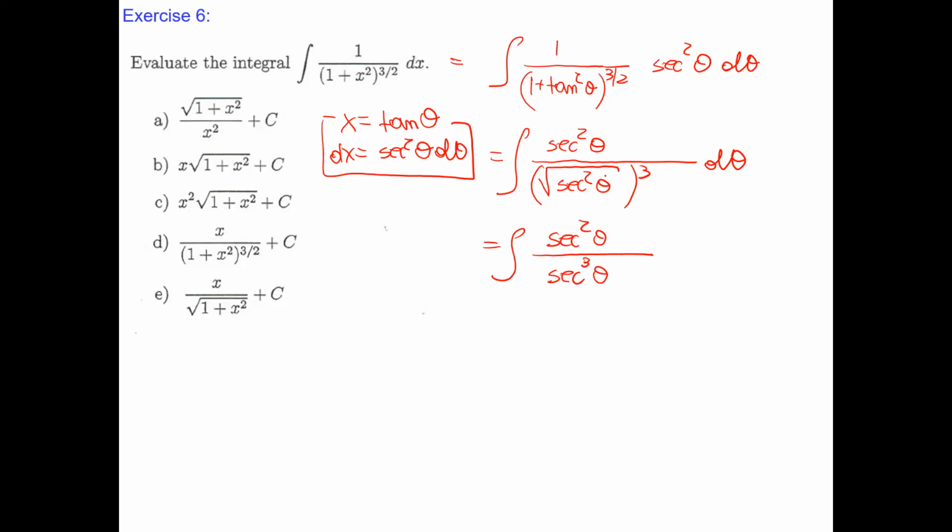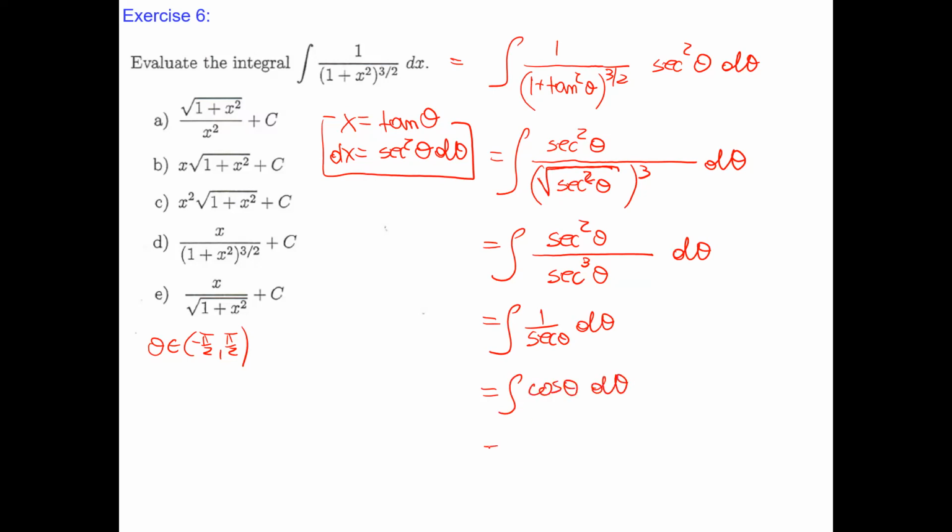But we know the domain will let us, because secant is positive, since we're using inverse tangent, theta is only from -pi/2 to +pi/2 on that interval. Or you may think about cosine as positive, so we are allowed to simplify the square root and the square and remove the absolute value. When we simplify, secant square over secant cube is just 1 over secant. And 1 over secant is just cosine.